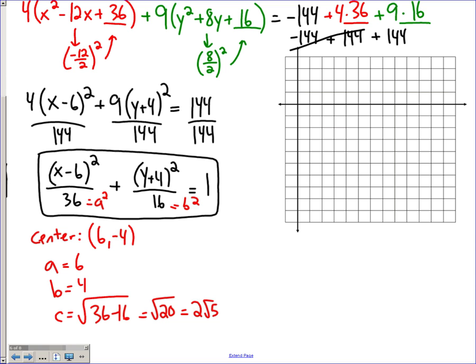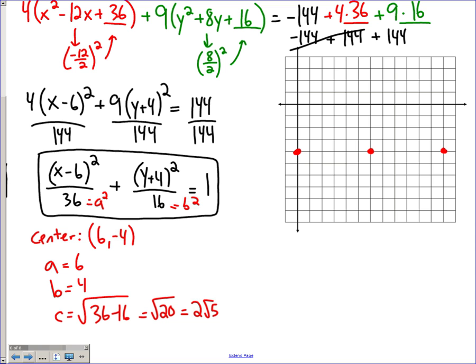All right, let's start to graph what we know. So we know the center is (6, −4). 1, 2, 3, 4, 5, 6. Negative 4. Our a value is with x, so it's horizontally oriented. And we're going to count 6 to the left and right. So right on the y-axis. And then a distance over of 6 to the right.